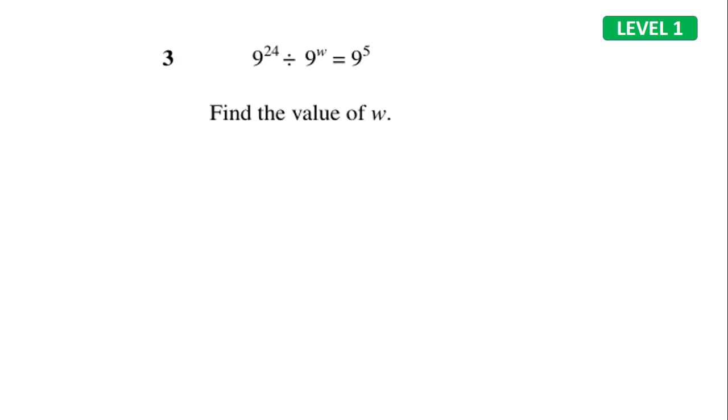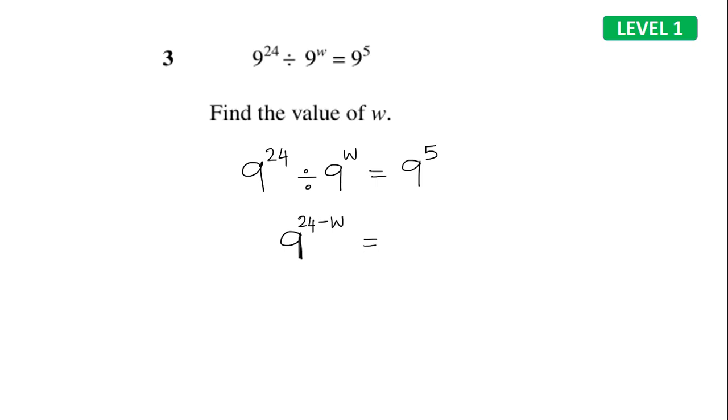Question 3, again you have to find the value of w. So I have 9 to the power of 24 divided by 9 to the power of w is equal to 9 to the power of 5. So applying the rule, when you have division, we know we write the same base 9, and your power is 24 minus w.